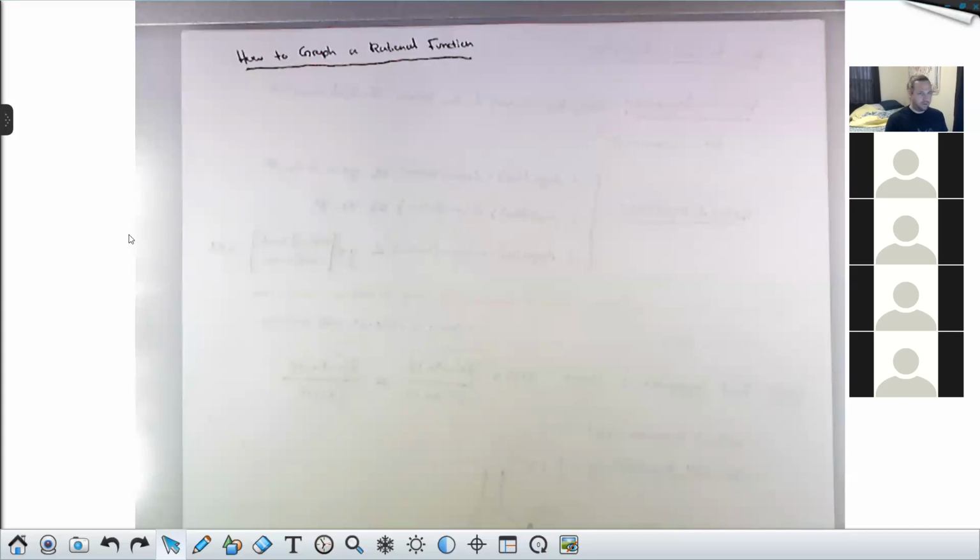So here's the procedure. First, you're going to factor top and bottom. If any factors cancel, make note of that.